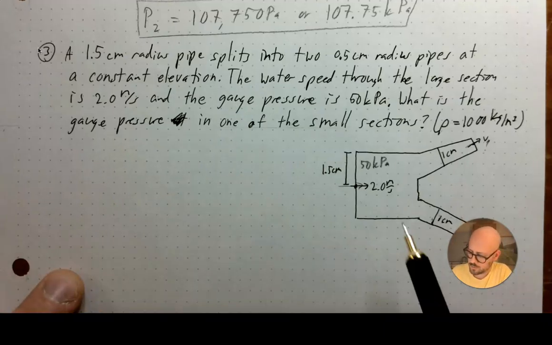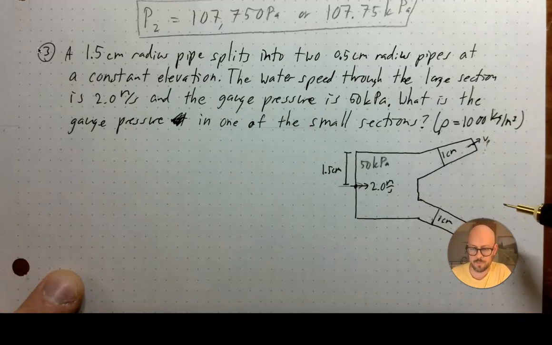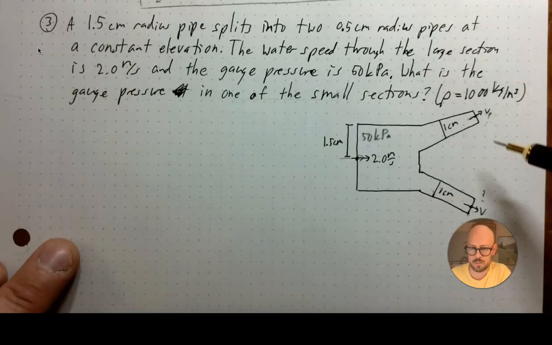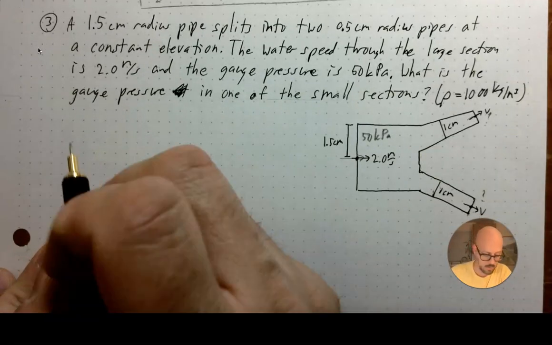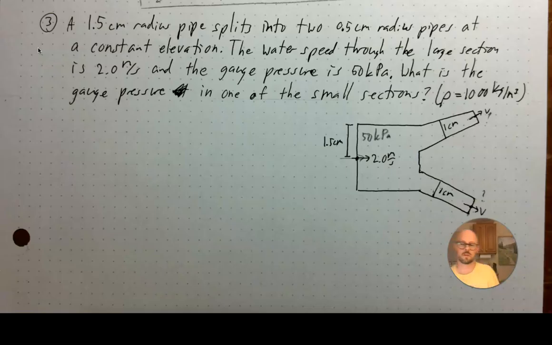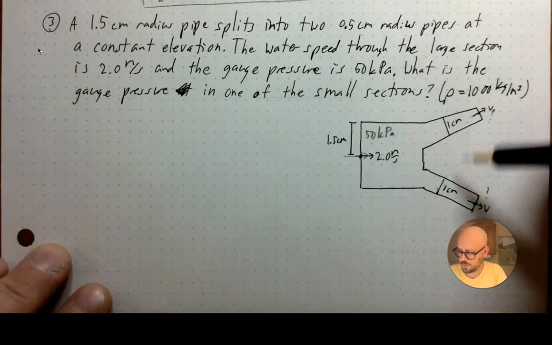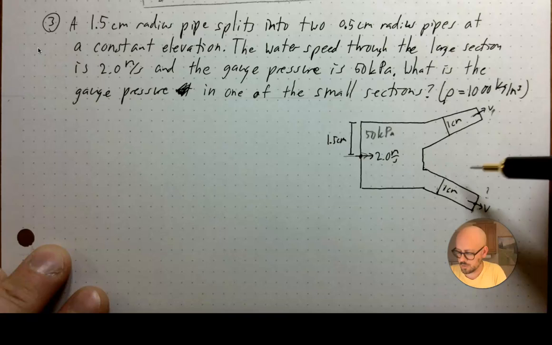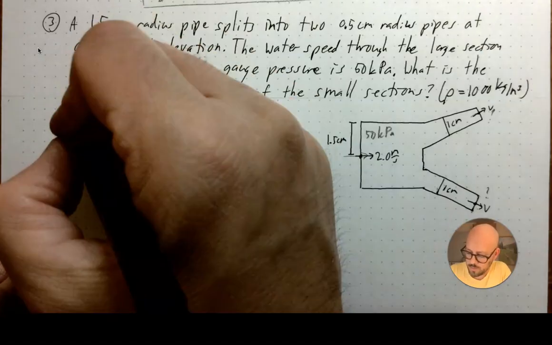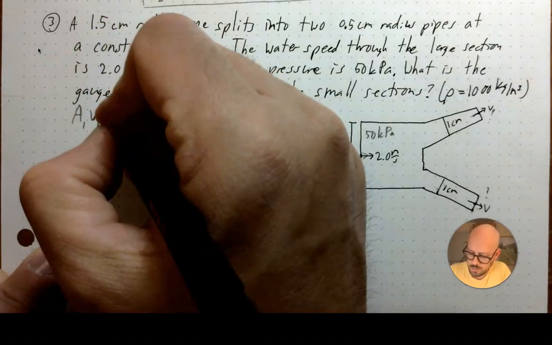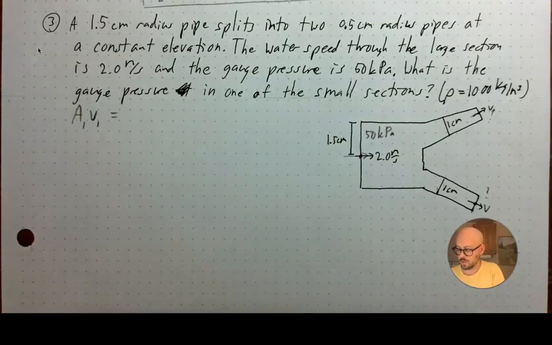So what I need to do, since I don't know what the flow rate is through these smaller pipes, is use the continuity equation to figure that out. But in the other video, you've never seen a situation like that. And the way that you work with it is the initial and final, but you have to keep the number of pipes accurate.